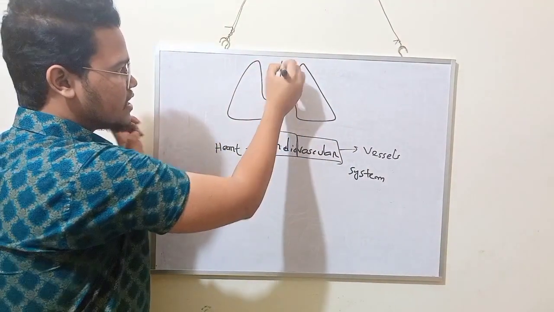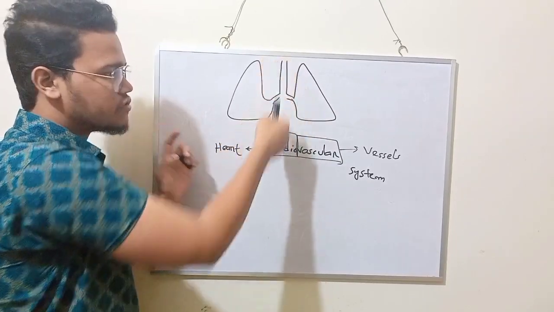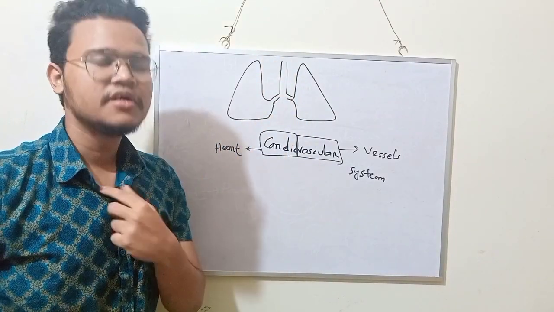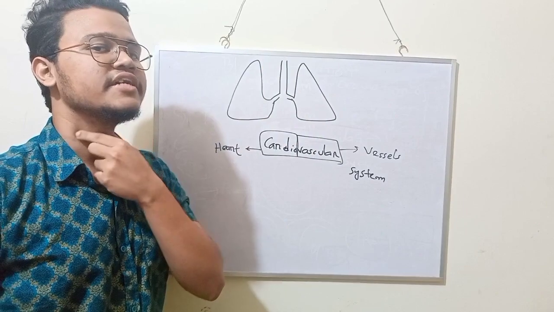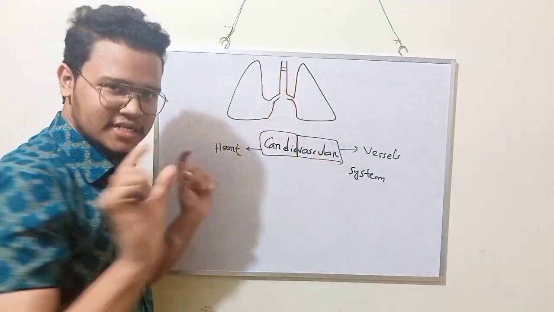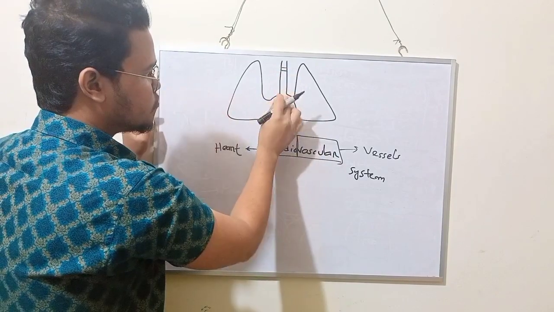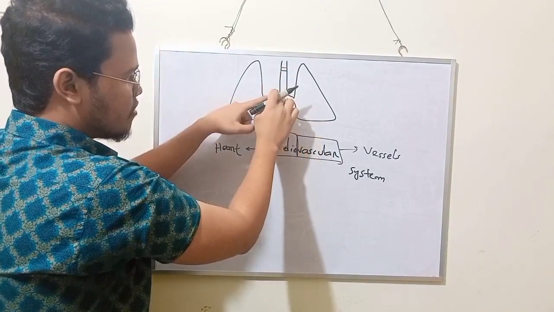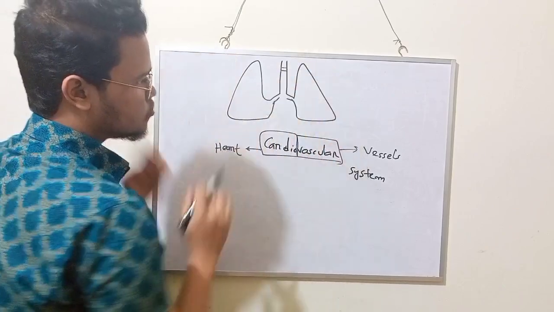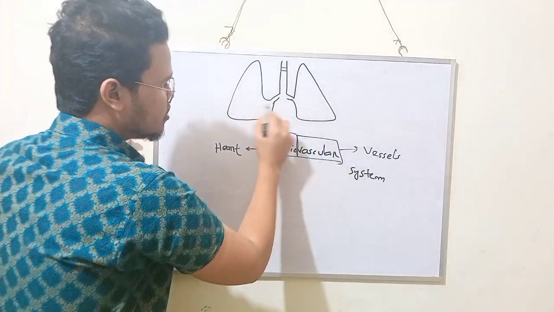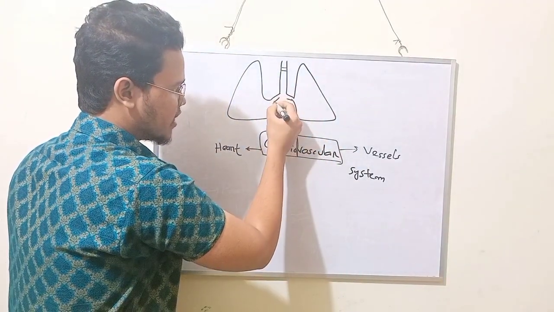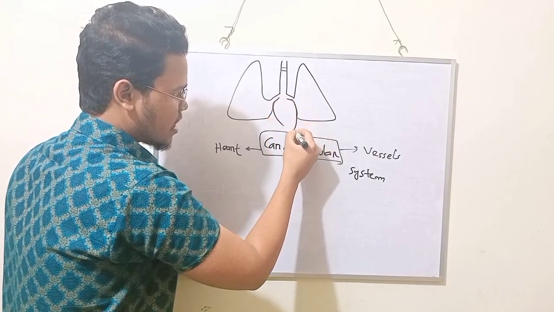This is called the trachea, which is known as the air passage or air tube. It is composed of cartilage, and there are two principal bronchi, and from them there are two lungs. And between the two lungs there is our heart.